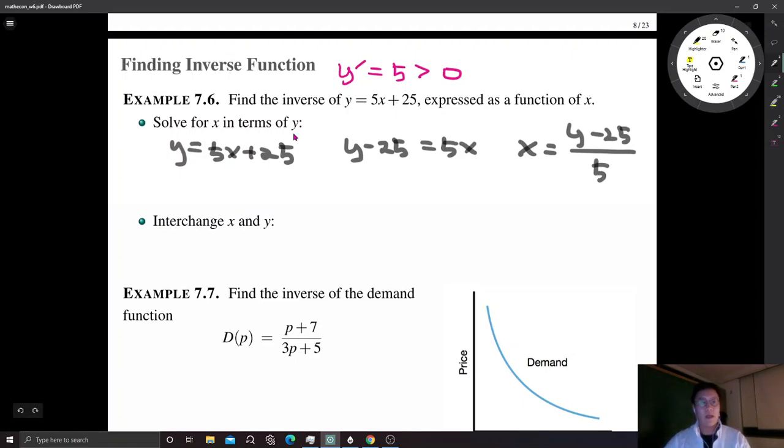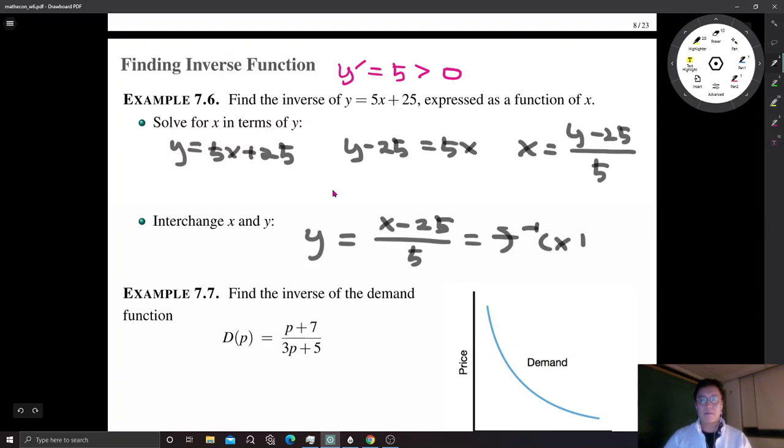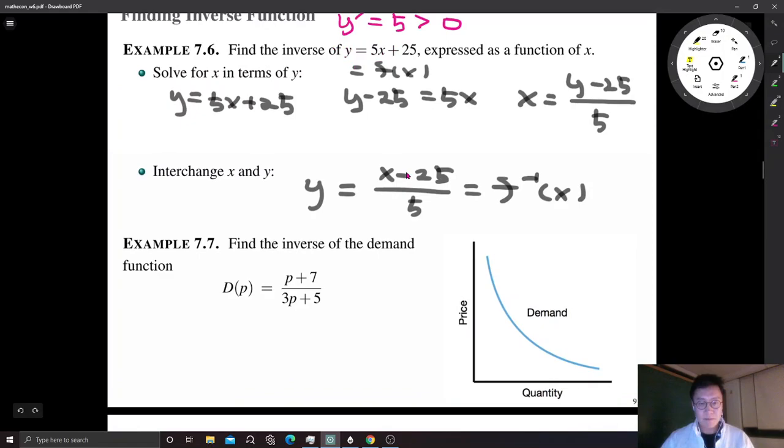Okay? And then we interchange x and y. So y equals x minus 25 over 5. That is f inverse of x. If I call the original function f of x, this is going to be f inverse.